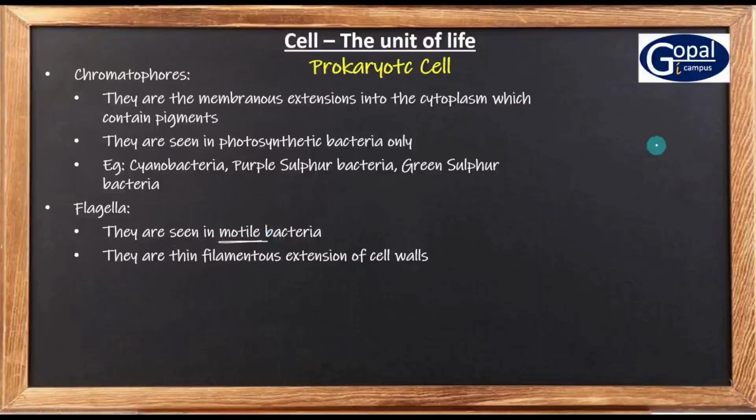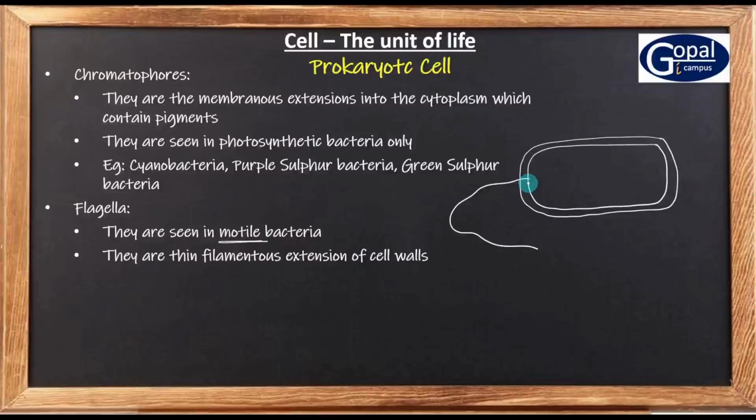So let us suppose this is the cell wall of the bacterium. And from this cell wall you can see the presence of thin filamentous extensions. These thin filamentous extensions of the cell wall are called flagella.